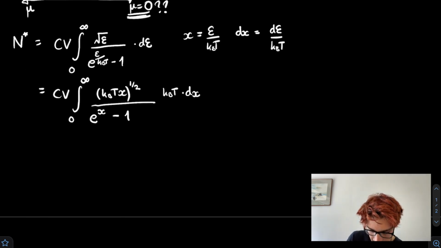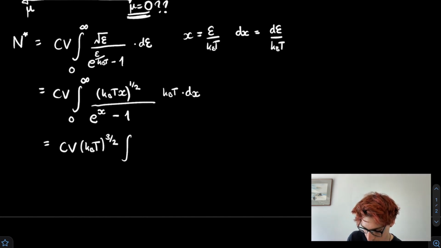And just to tidy it up a little bit, we're going to get cv, and these kBt terms, which are all constants, coming out the front of the integral. We can see that there's a kBt to the half and a kBt just as it is, so we're going to get kBt to the power of 3/2 out the front of the integral.